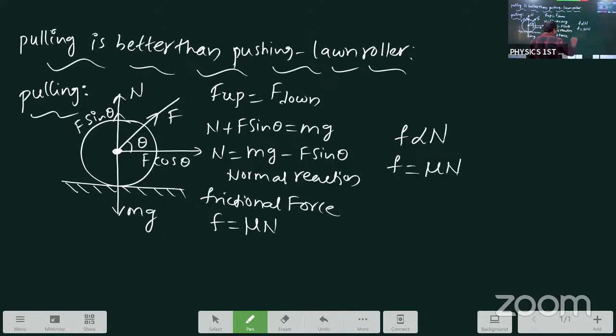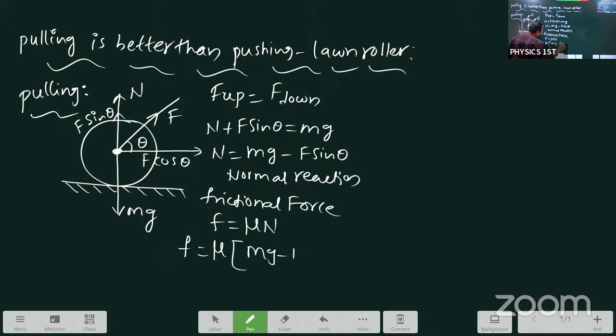So f equals mu into N. Substitute the N formula, and we get our frictional force: mu into (mg minus F sin theta). Equation number 1. This is the frictional force in pulling.